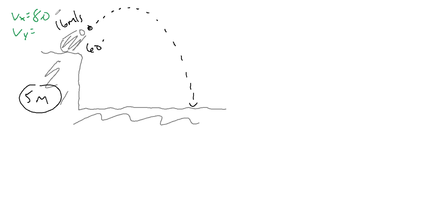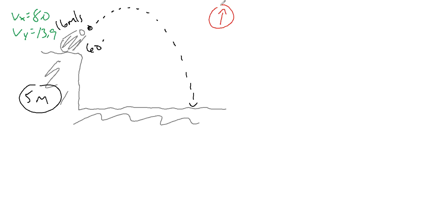And if we do 16 sin 60, we get a Vy of about 13.9. All right, so there's my velocities broken apart. Let's just forget about the second half. All we're going to do is work our way up. So let's worry about just going on the way up. Well, I've got the Vy.